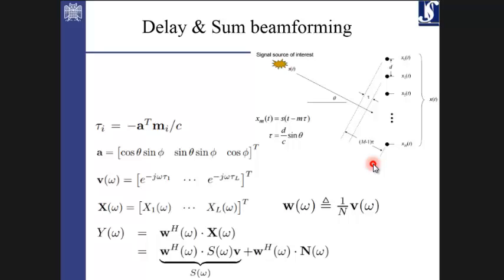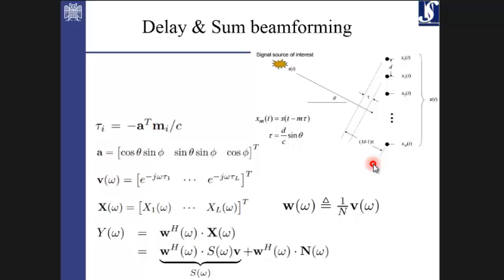We can normalize this vector so that there is no shift for the first one, there is a tau 2 shift for the second one, and tau m shift for the mth one, the final microphone here. So that's called the array manifold vector, or array propagation vector.